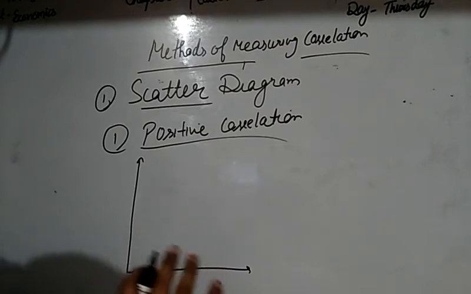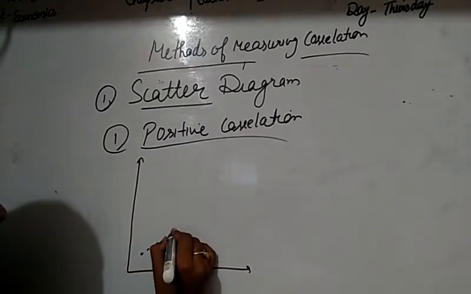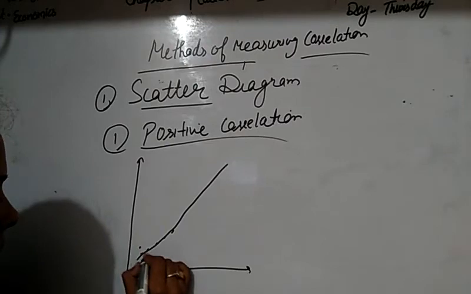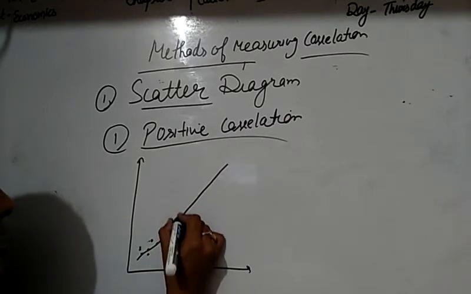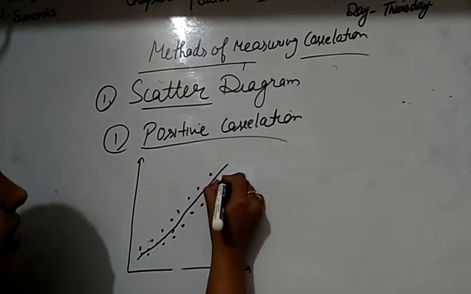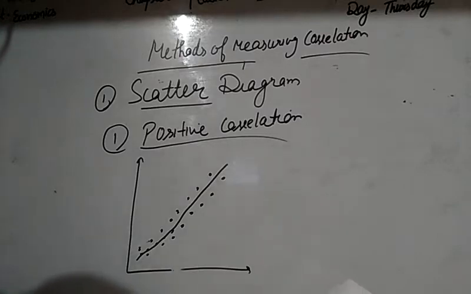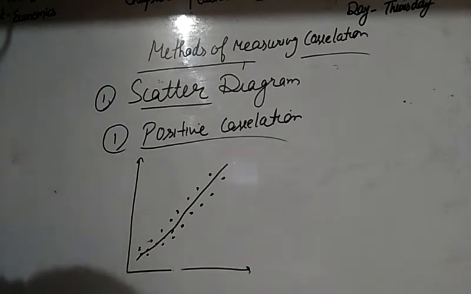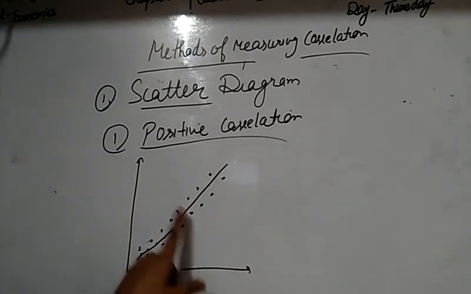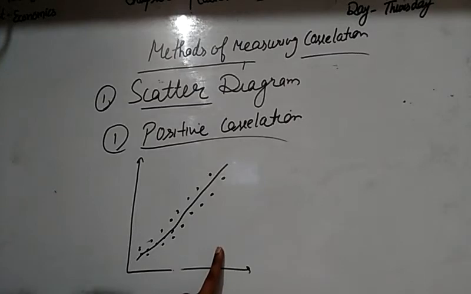When we put the values of two variables, x and y, on this graph, and the points lie very nearly on a single line like this, clustering around the upward sloping line, to that we call positive correlation.